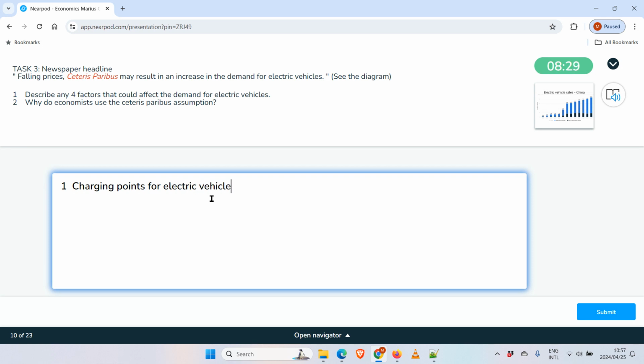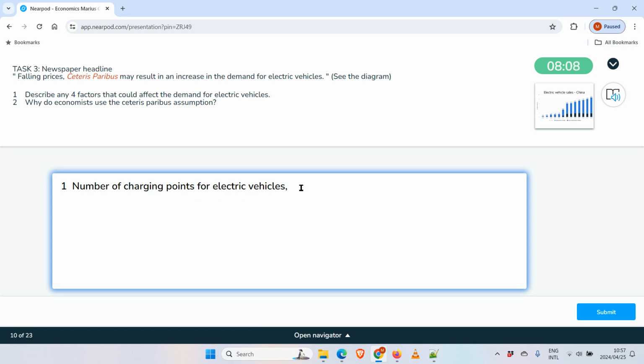That would be one of the factors that affect the demand for electric vehicles. Let me say, the number of charging points that are available for electric vehicles.